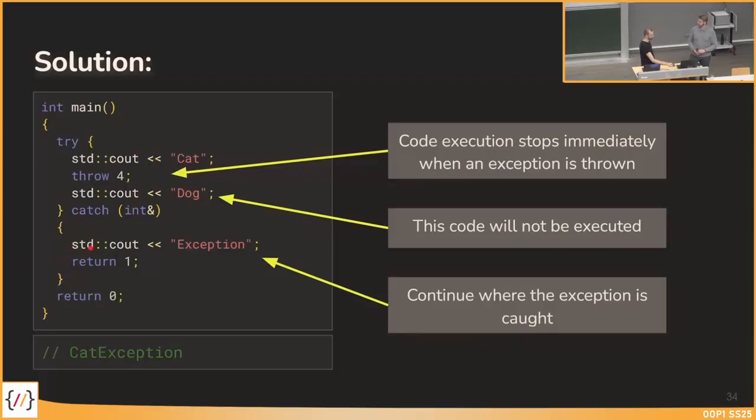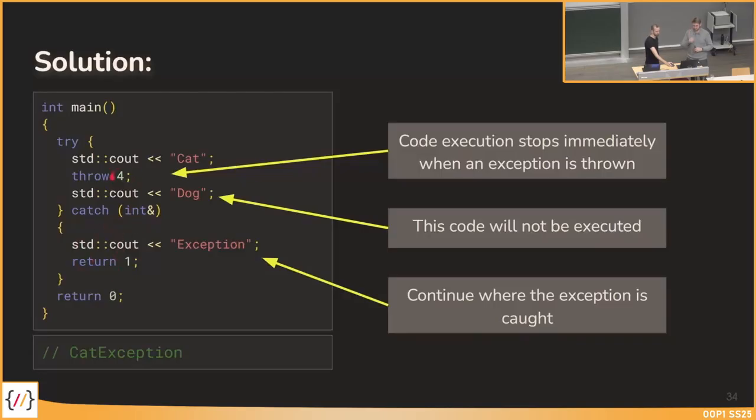What's also important, I think we didn't mention that until now, is whatever you are throwing here. In this case, it's an error code. Maybe 4 stands for something important. Whatever you are throwing, you have to catch the data type, and then you will come into the section.